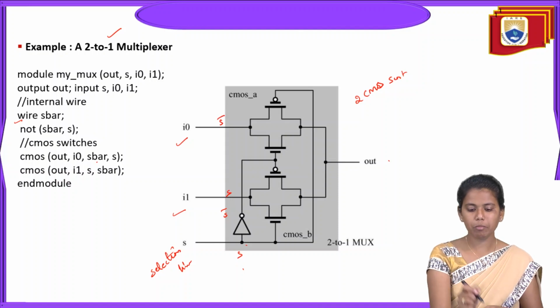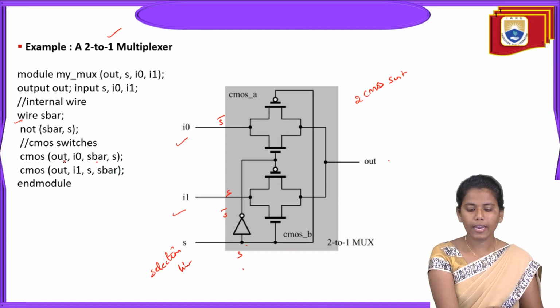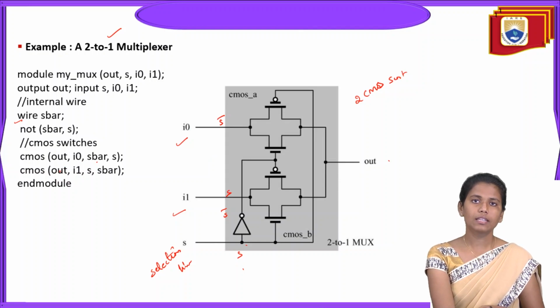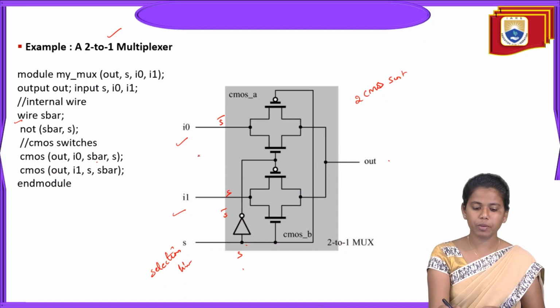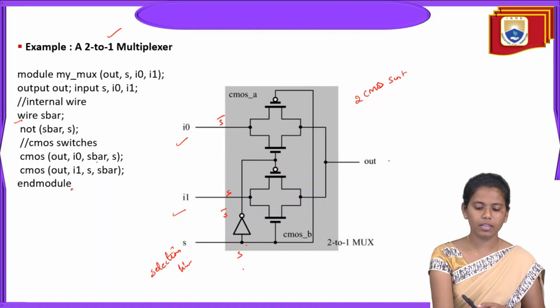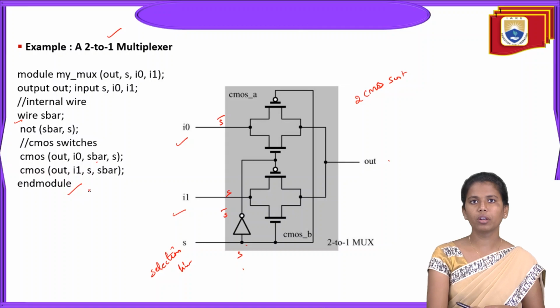So CMOS out with input I1, S bar, and for this I0, S bar and out. This is how we represent the inputs and outputs along with the selection lines. And finally we terminate the code with the endmodule keyword.